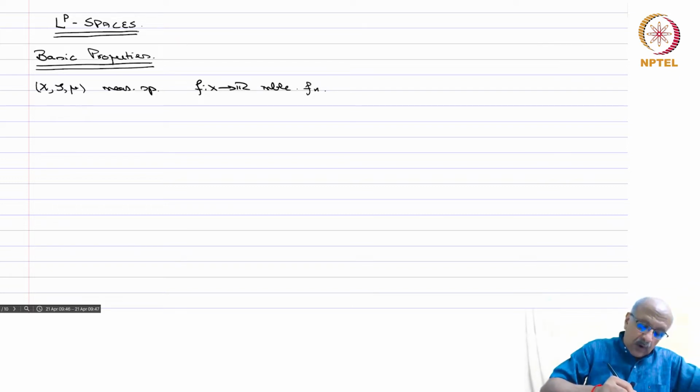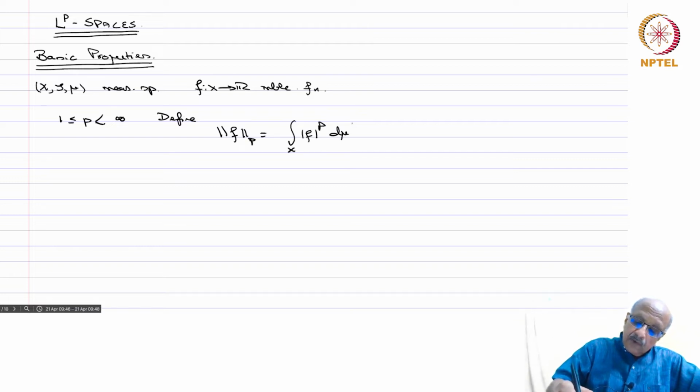Okay, so 1 less than or equal to p less than infinity. Define the norm of f in p equals the integral over X of mod f to the p d mu, whole power 1 by p.